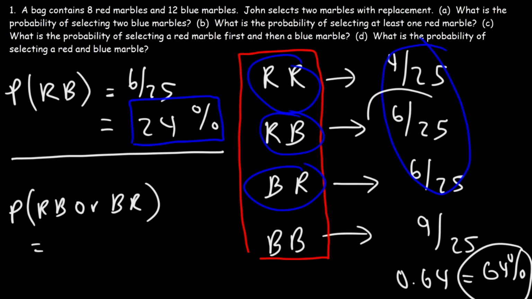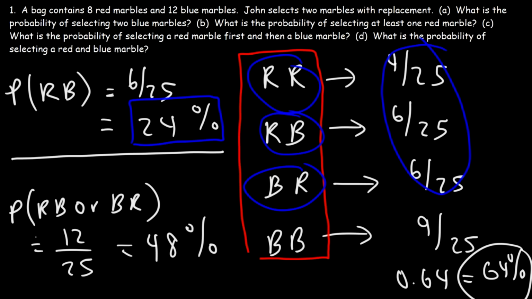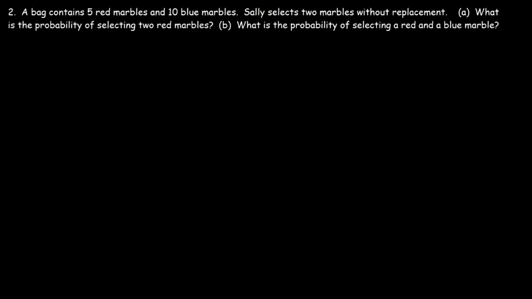So we need to add these 2 values. 6 over 25 plus another 6 over 25, that's 12 over 25, which is 0.48 or 48%. So there's a 48% chance of selecting a red and a blue marble, but there's a 24% chance of selecting a red marble first and then a blue marble. So be careful with questions like that.